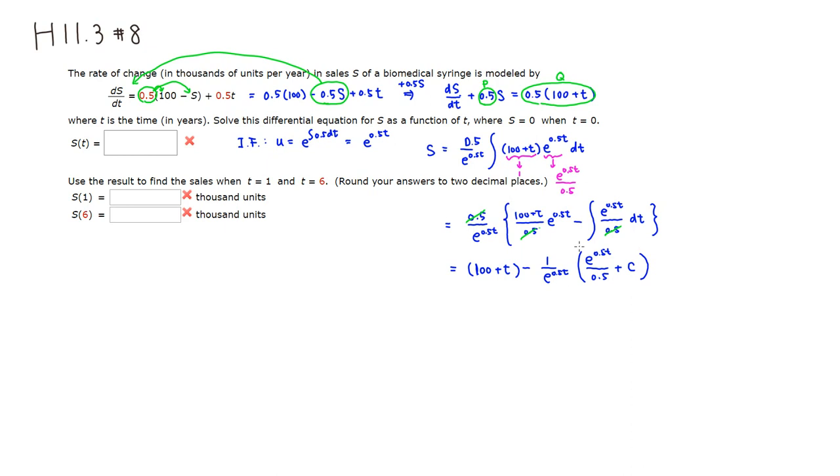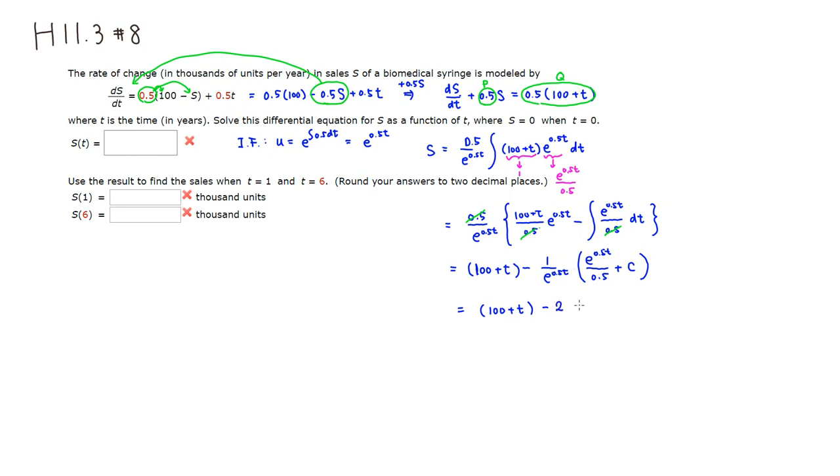Then we can simplify this a little bit further. This is going to be 100 plus t minus, they cancel out, so 1 over 0.5 is 2.